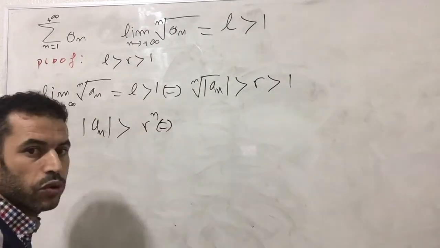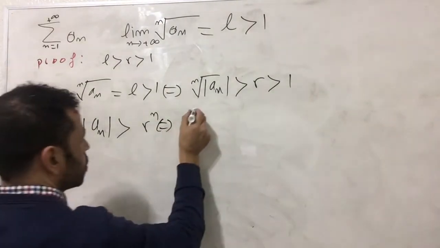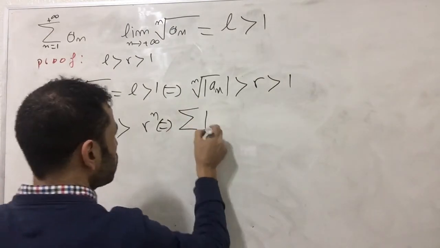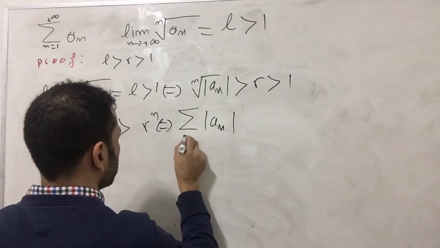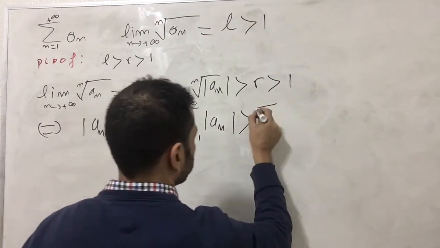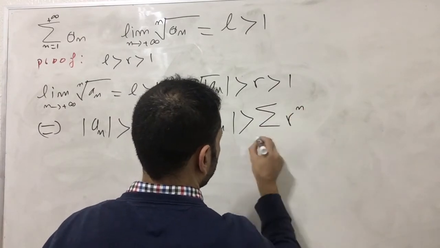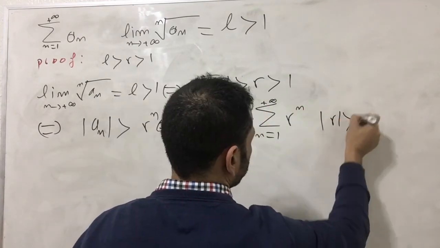So equivalently, I'm going to apply the sum notation on both sides, so I will have the sum of the absolute value of a sub n as n goes from 1 to infinity strictly greater than the sum of R to the n as n goes from 1 to plus infinity, okay? R strictly greater than 1.